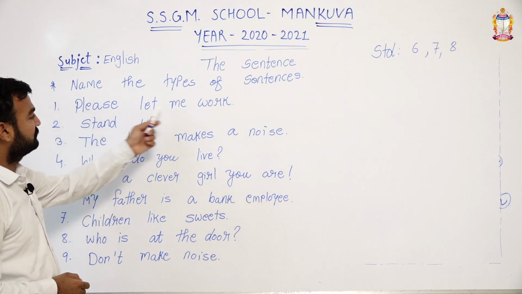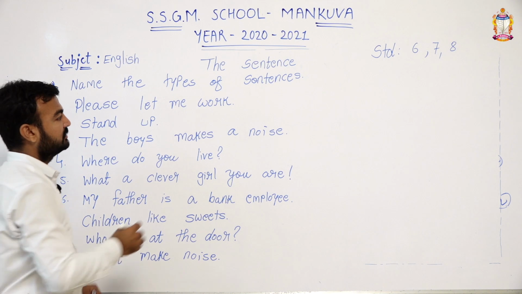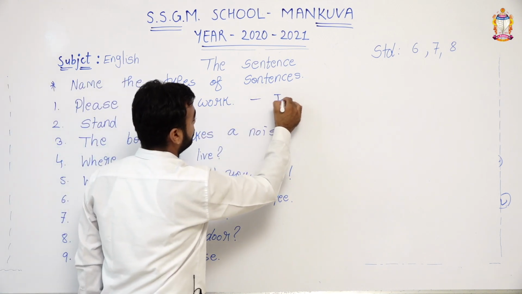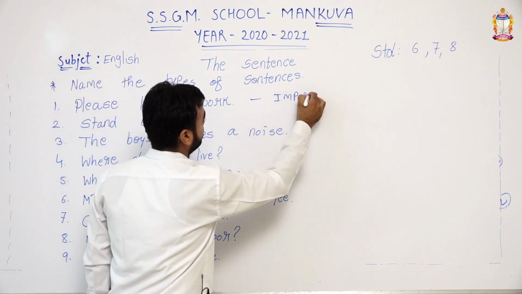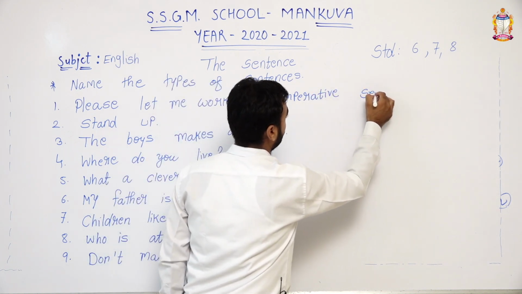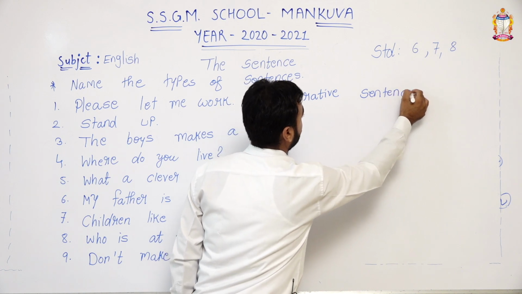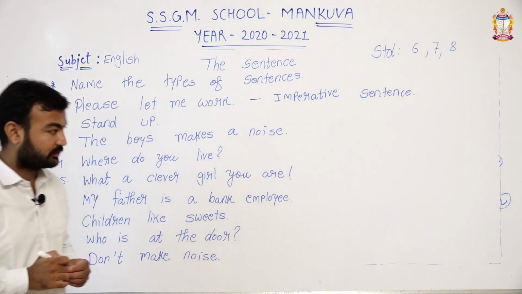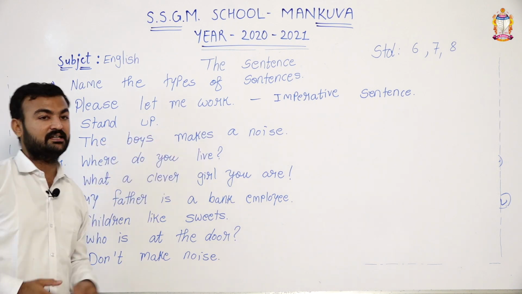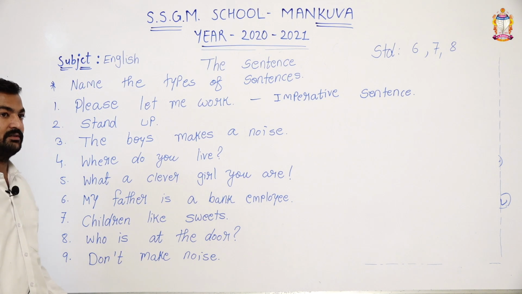So I am solving number 1, please let me work. This sentence is called an imperative sentence because it requests us. The rest of the sentences are given over here; you have to solve them by yourself.